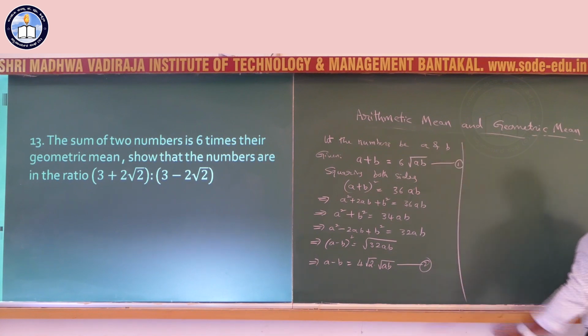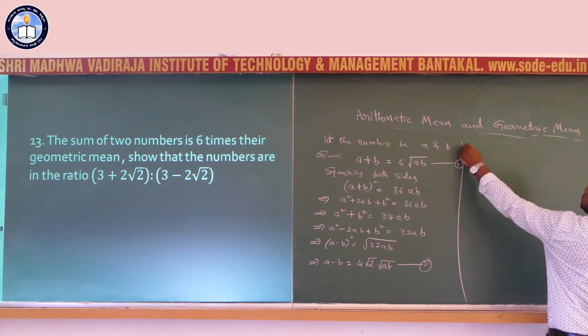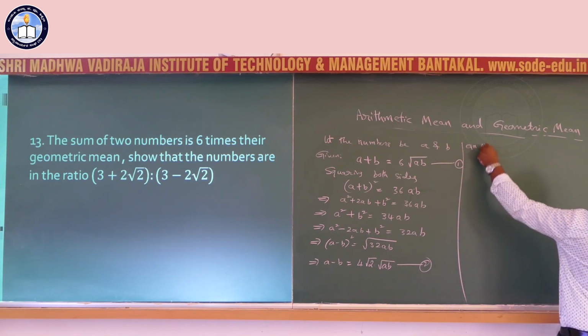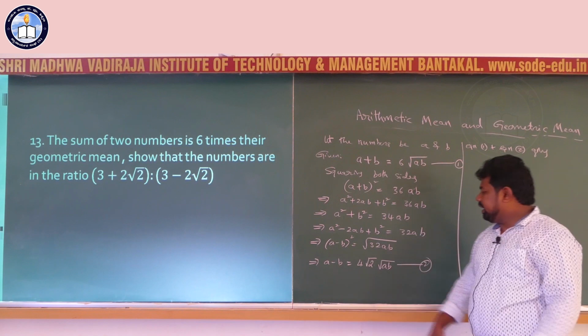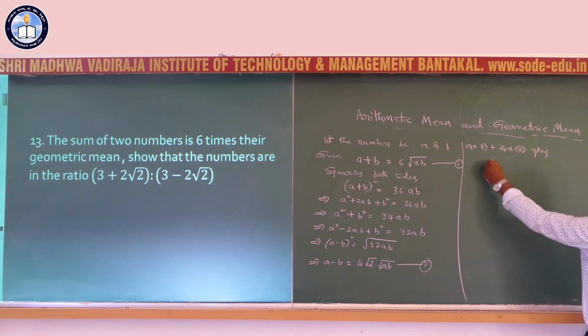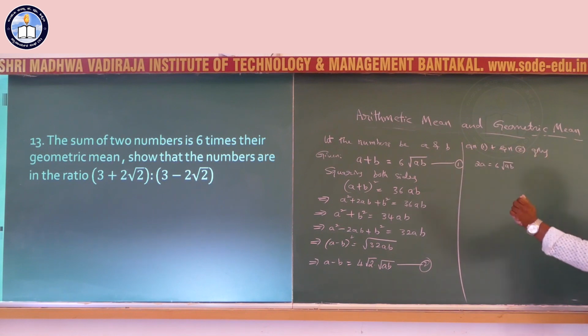Equation 1 plus equation 2 gives 2A equal to 6 into root AB plus 4 root 2 into square root of AB.